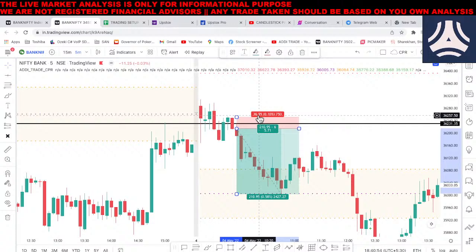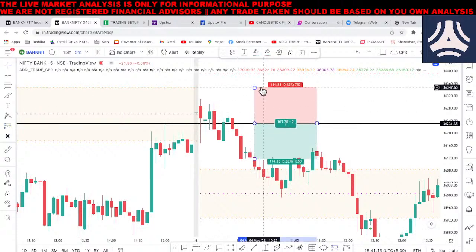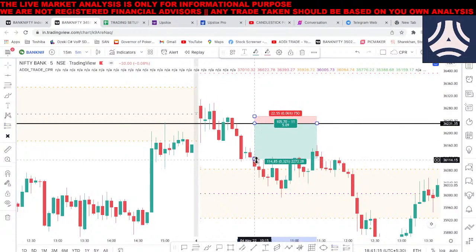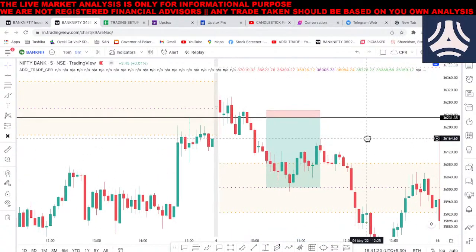So for one lot in option premium, if it had reversed, we would have lost only about 15 or 20 points, 500 or 600 bucks for one lot, right? And then see the move, how it came until CPR, and this was a good risk to reward ratio, even if we had waited. Now, whether we always wait for a retest or not, that is up to one's choice.